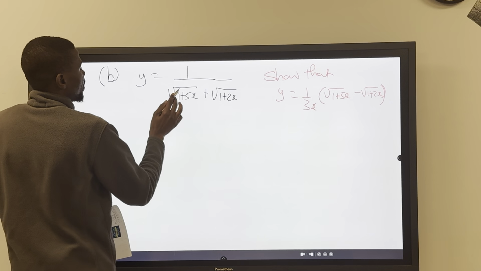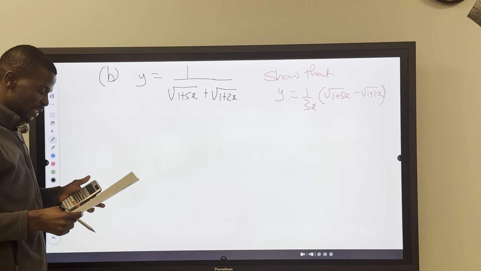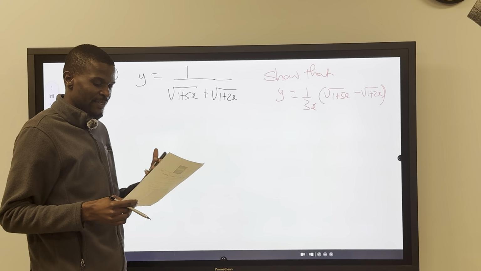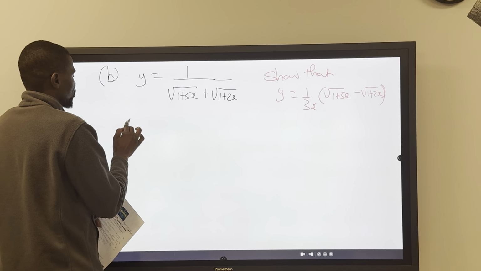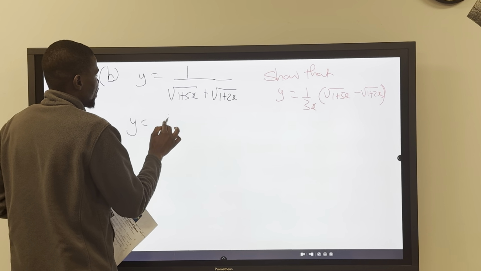So guys, whenever we are dealing with surds, especially if they appear in the denominator, let's go ahead and rationalize. So y equal to 1, right?